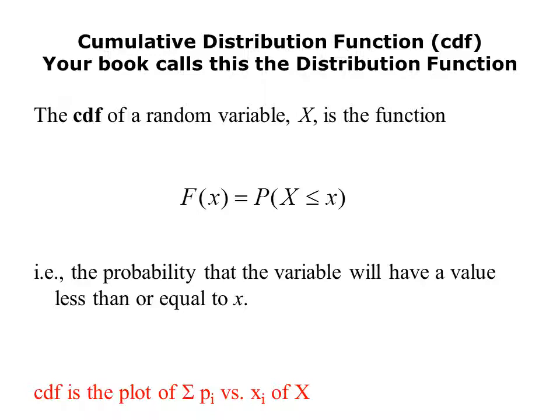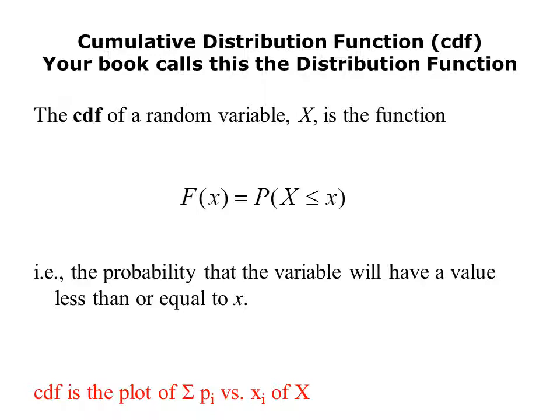But we can define the CDF for a random variable x, and it's just the probability that for any given value of x, we'll have a function that we'll call F of x that is going to tell us the probability that the variable can have that value or less.